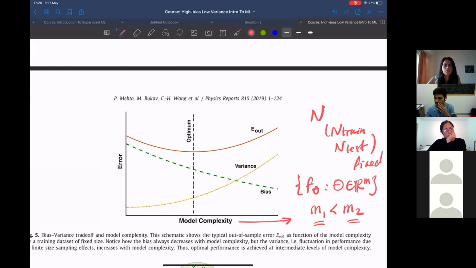When we're doing polynomial regression, the hypothesis class of third order polynomials has 4 degrees of freedom that you can fit. It is less complex, less rich than the class of 10th order polynomials, which has 11 parameters to fit. Okay. All right.